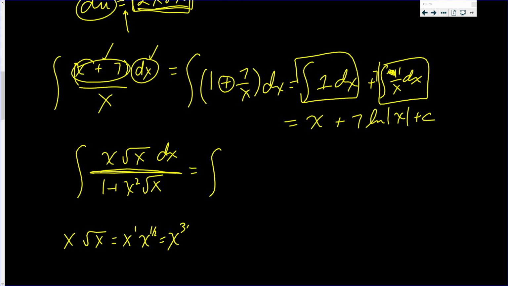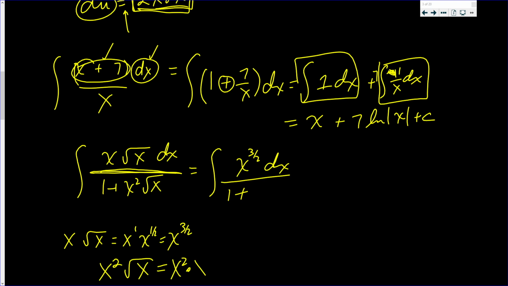You add the powers, you get x to the 3 halves dx in the top, and in the bottom you get 1 plus, well, x squared times the square root of x, that's x squared, and the square root of x is x to the half. When you add 2.5, you get 5 halves. So it's 1 plus x to the 5 halves.